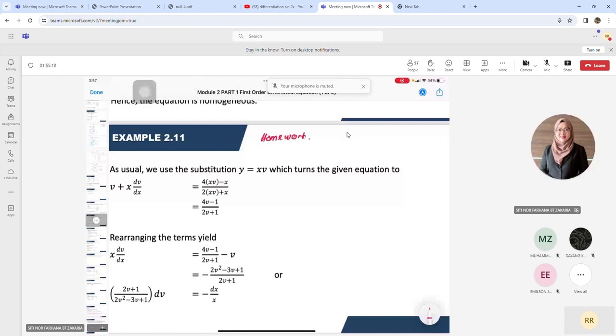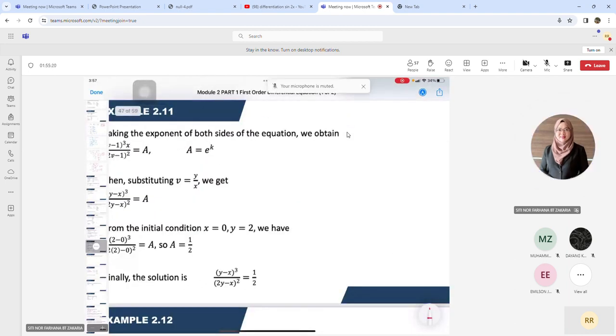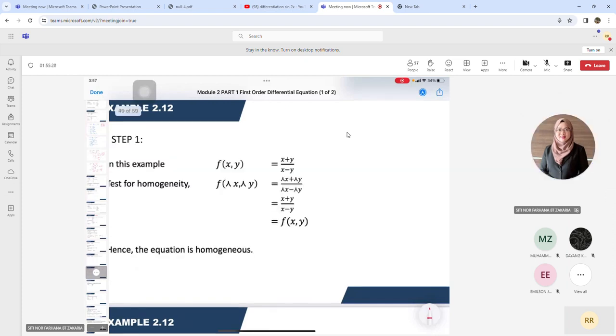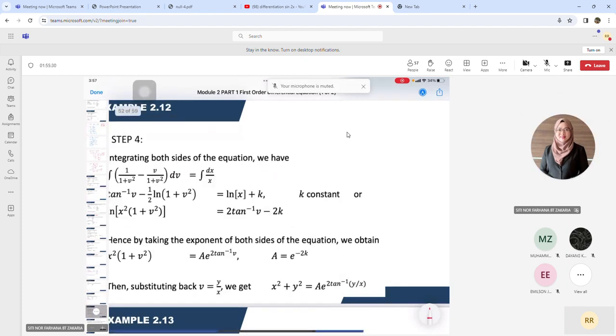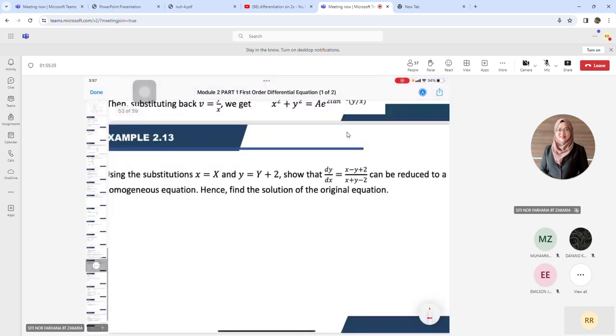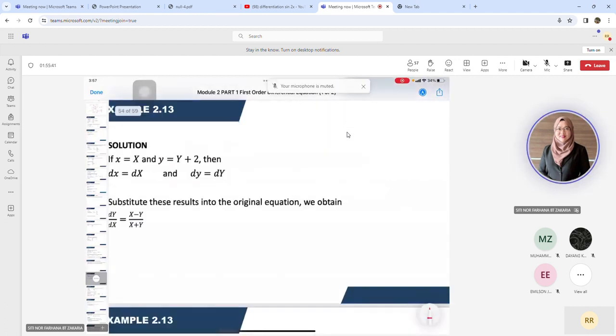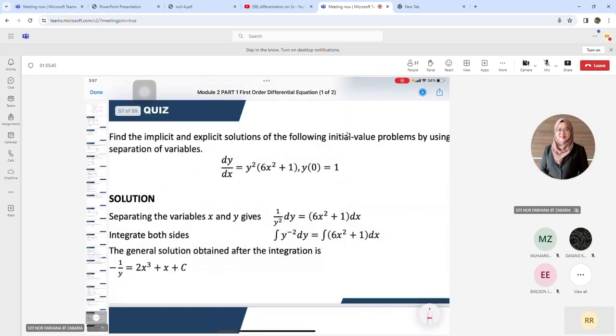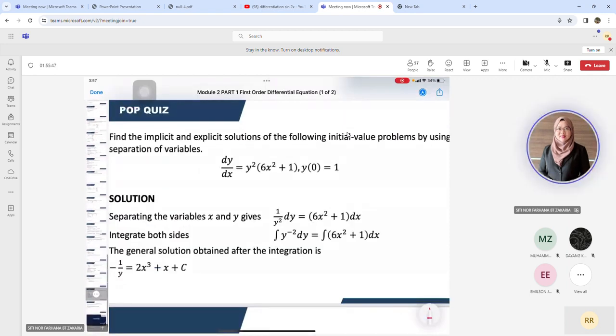And then this one also homework. This one you can try after this. Okay, this one is homework.